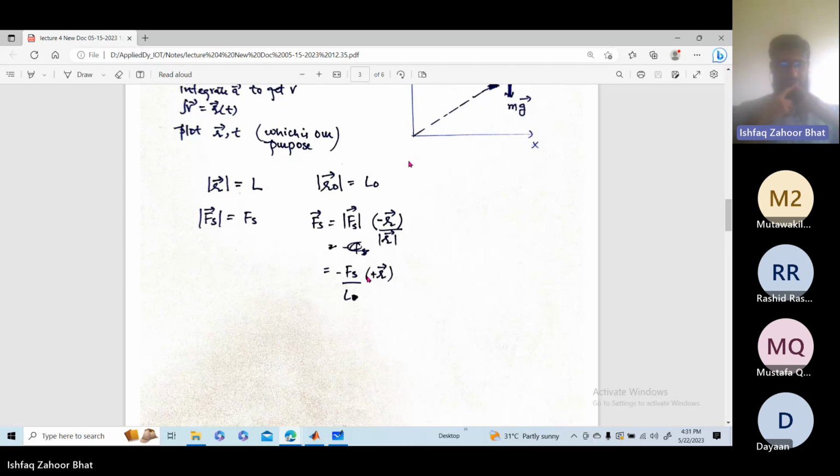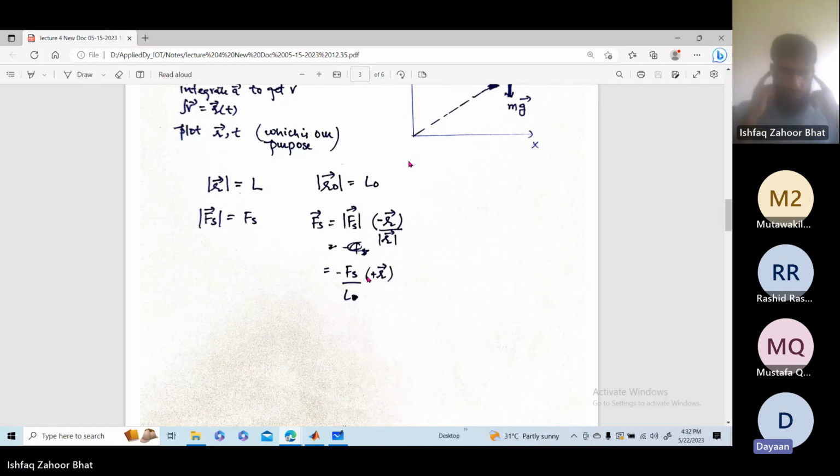Sir, if it is a string, it will be slacking in this case. So until it's completely vertical, it will be purely like a free fall. But if I'm assuming it is a spring, then it could be a soft spring, so that it bends, it buckles under this motion.